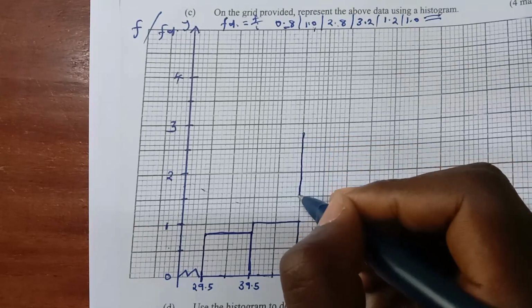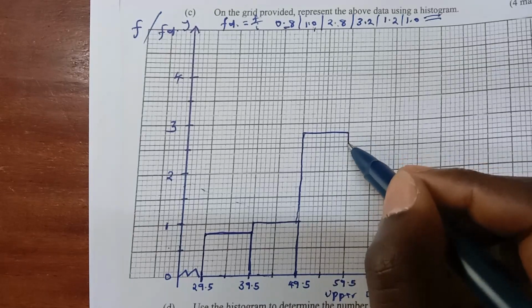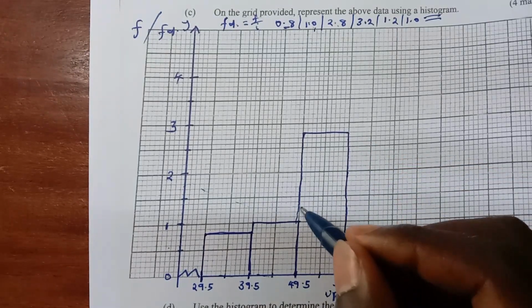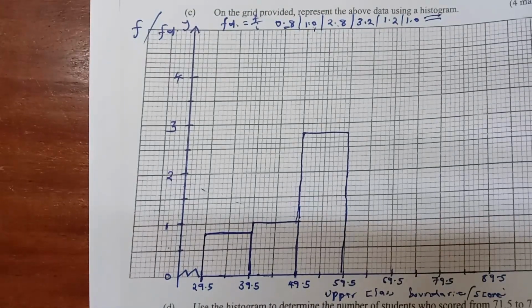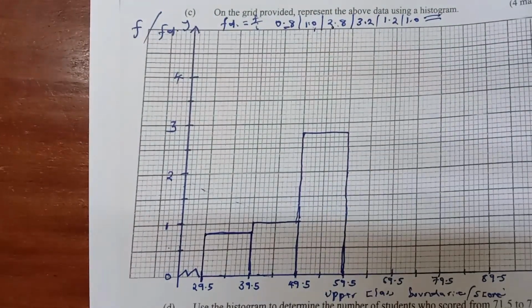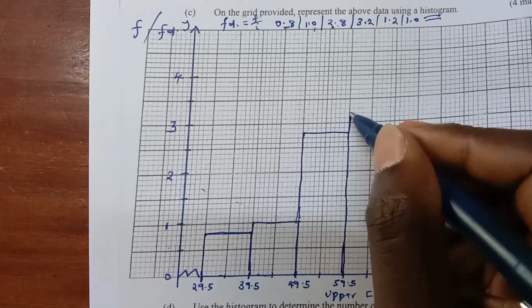Now it is good that you use a ruler at this particular place, so that you don't make any mistake. I'll do it freehand, but it is good that you use a ruler. Then after 2.8, you have 3.2. Next one goes to 3.2. That is 2 boxes after 3.